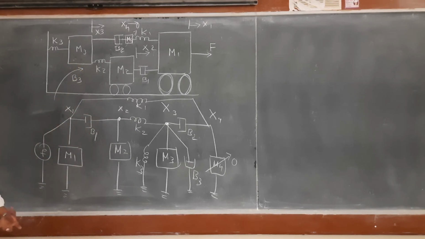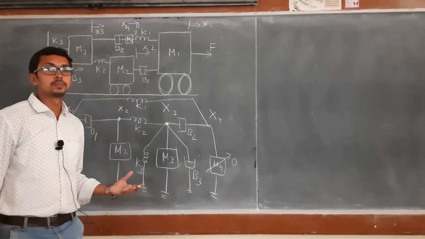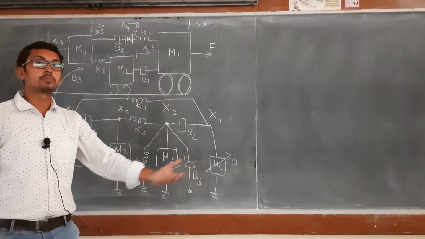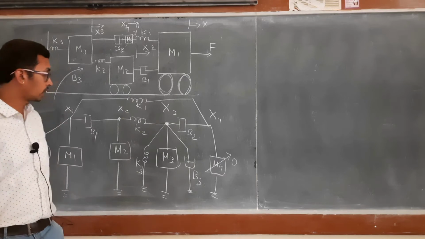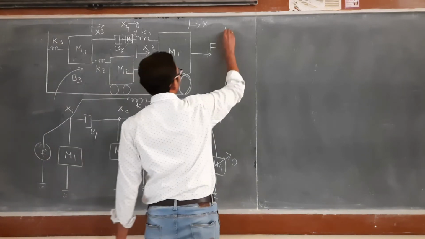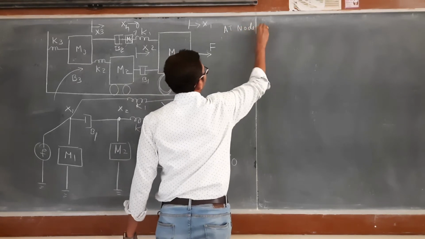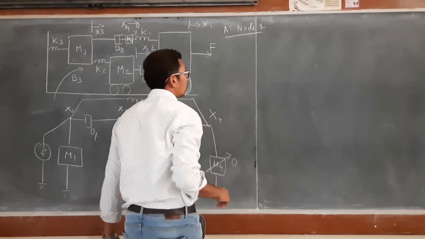Okay, what is the next thing we have to write? We need to write the differential equations, and apply the Laplace transformation. We need to write the equation. Okay, so at node 1, what do we have to write?